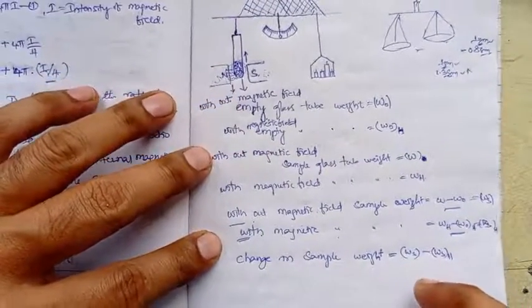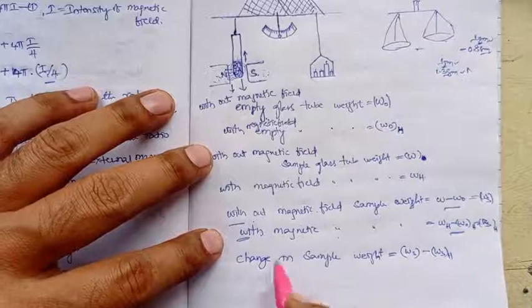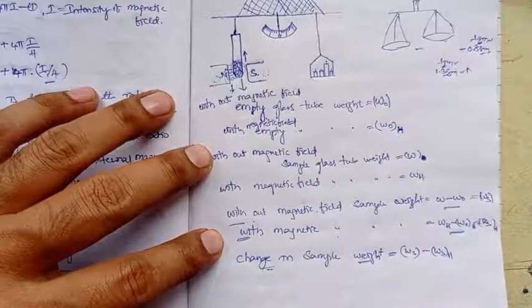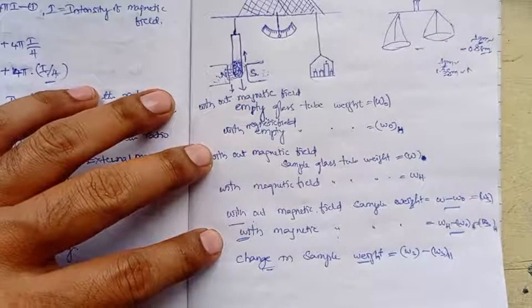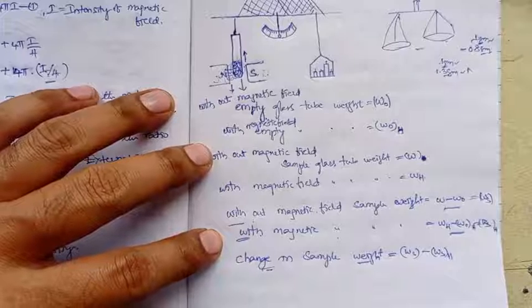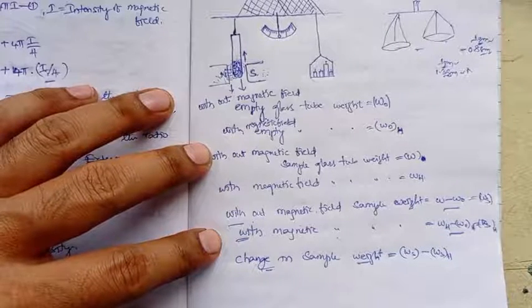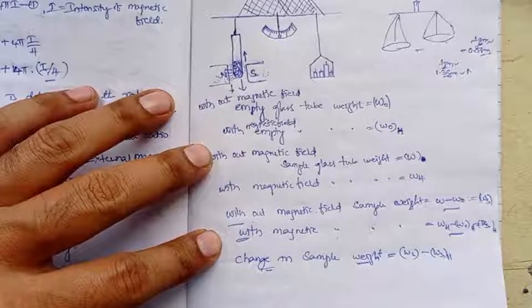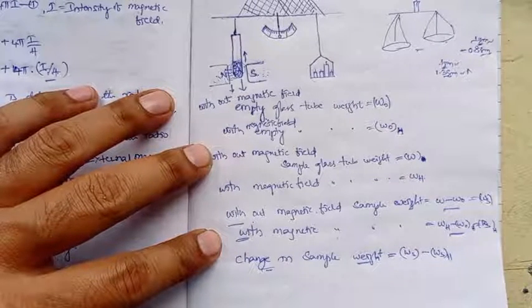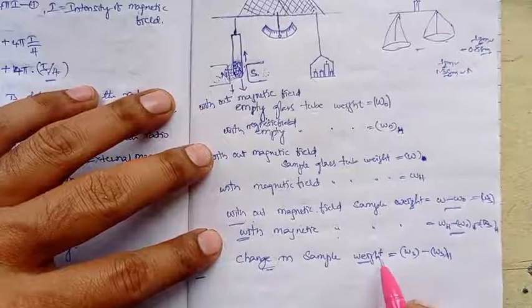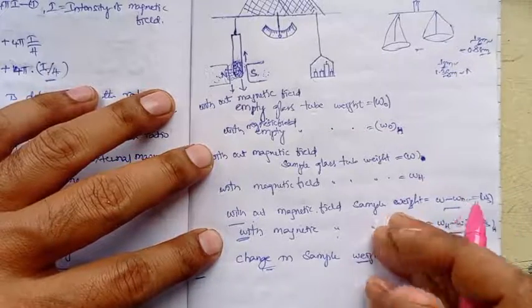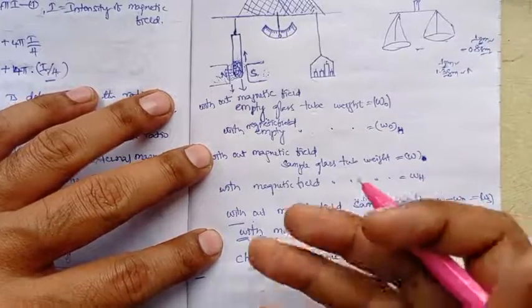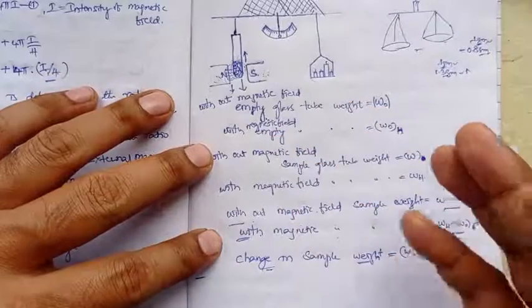With this change in sample weight, you will calculate the magnetic susceptibility, and from the magnetic susceptibility we will calculate the magnetic moment of the sample. So this is what we actually do experimentally to get the magnetic susceptibility and magnetic moment.